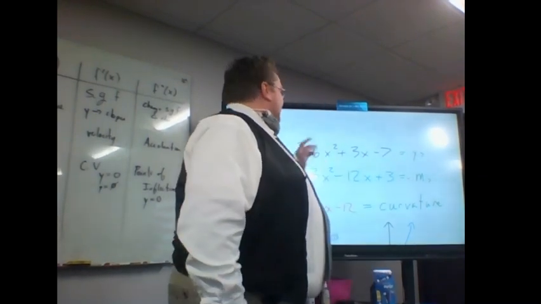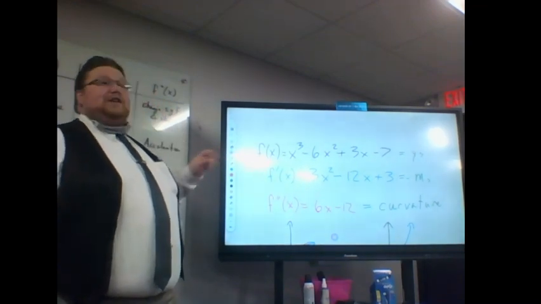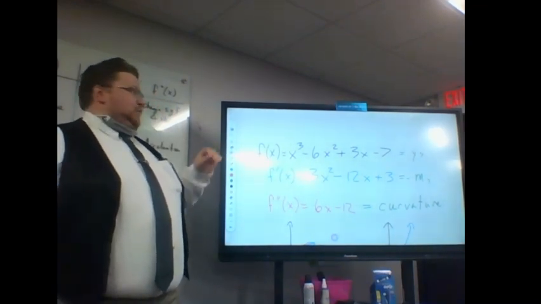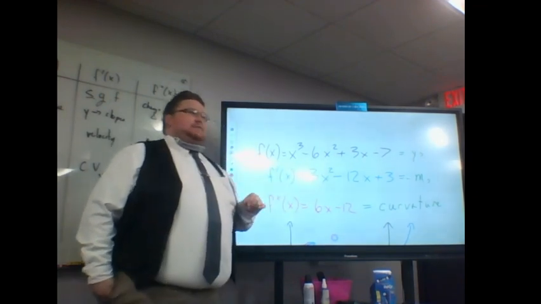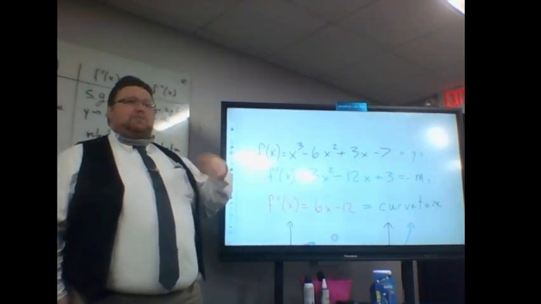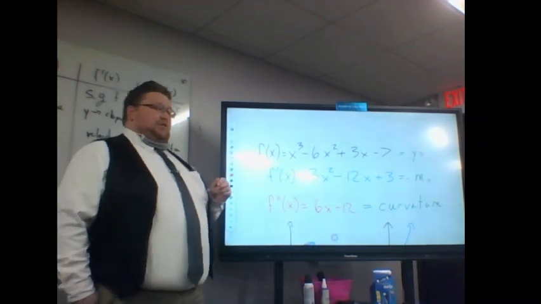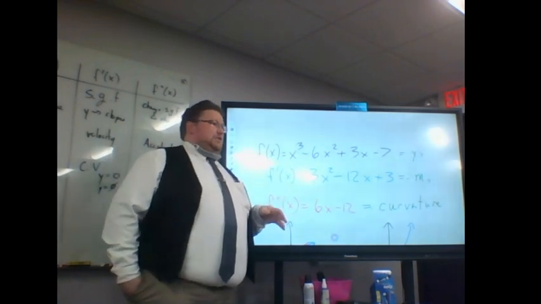So back here. If I asked you to find the critical values, we'd want to take this middle equation. We want to set it equal to 0. And we want to do the process necessary to solving that function. And keep in mind, from algebra, there's a lot of things we could do.